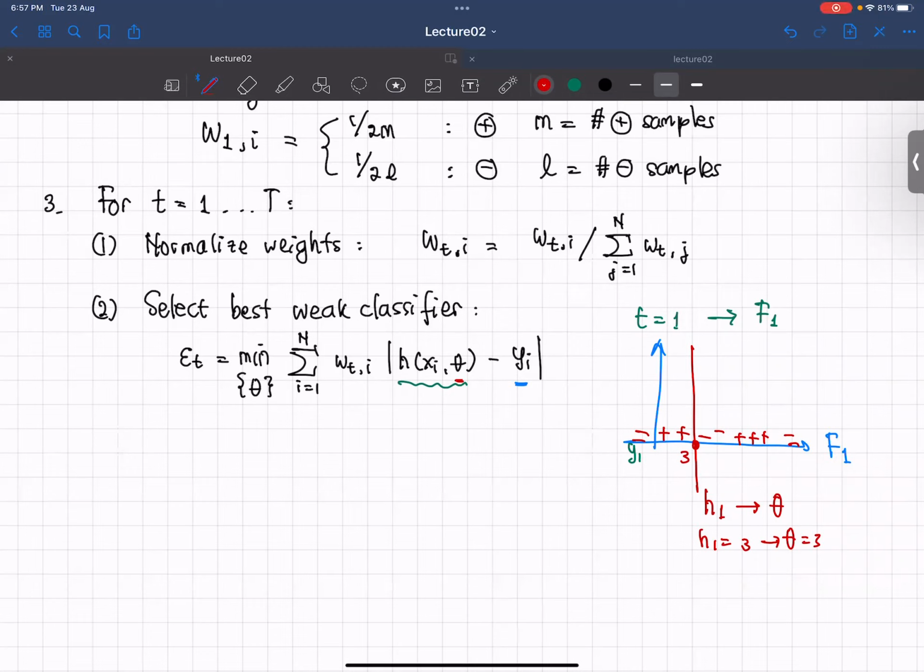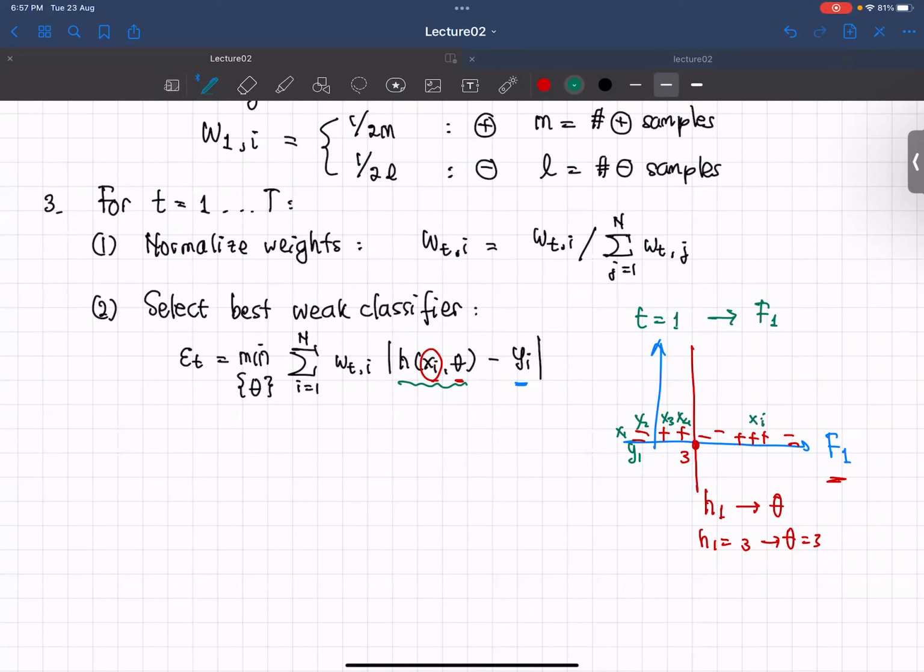Now we know theta, we know H, and what is Xi? Xi refers to the sample, the definition of F1 basically. So X1 is this one, X2 is that one, in terms of the location on the F1 axis, not the label. Then X3, X4, and so on.